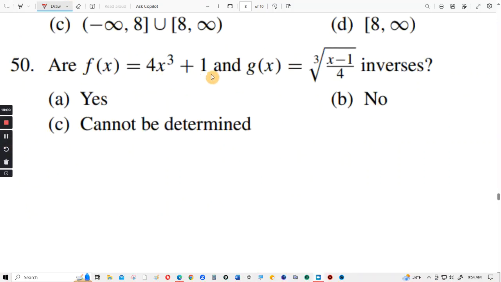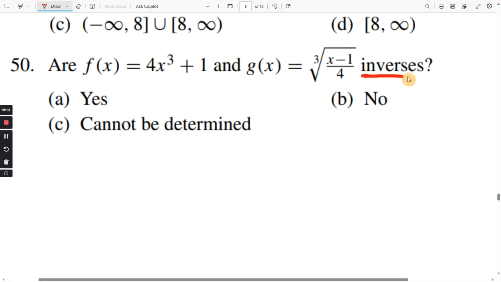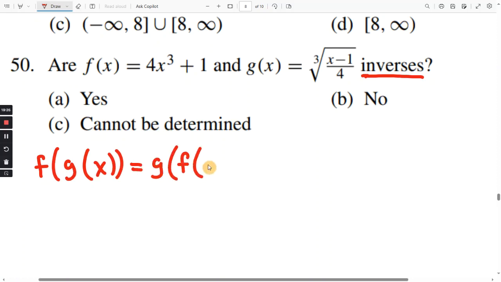50, are these functions f of x and g of x inverses? In order for them to be inverses, f of g of x has to equal g of f of x, and both of those have to equal x. So let's try that.